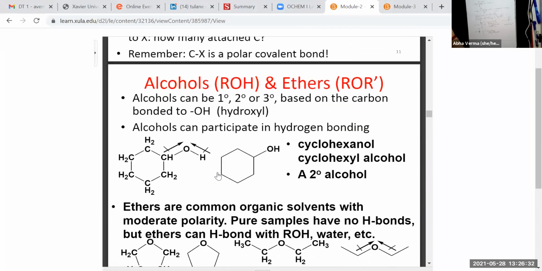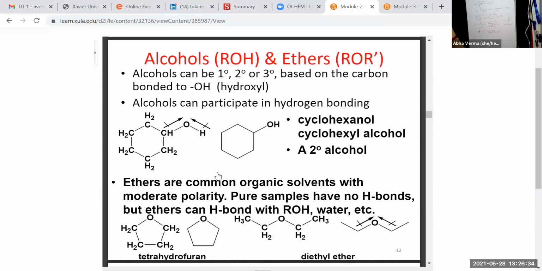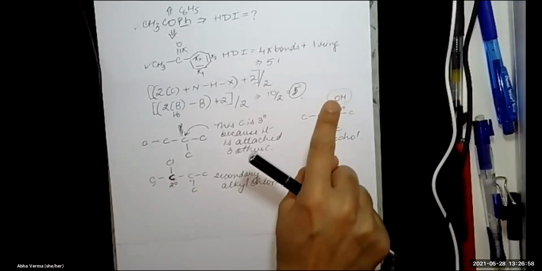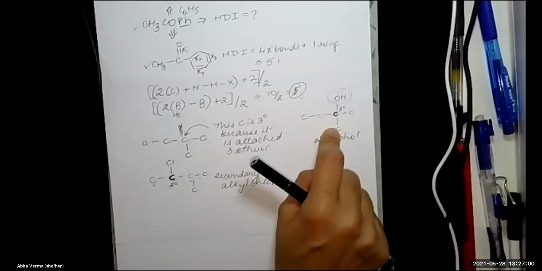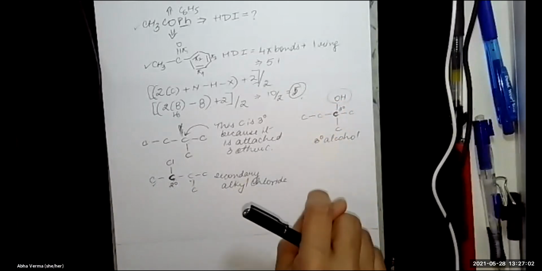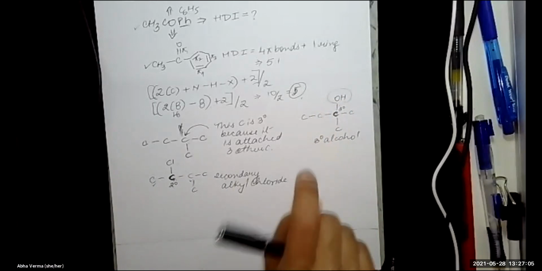Okay. The next group that we will be worrying about are the alcohols and the ethers. And so the general formula is ROH, and for ethers it is ROR. Now, how does this look? Alcohols have to be classified primary, secondary, tertiary. And we saw a few minutes ago on my paper how we can classify them.